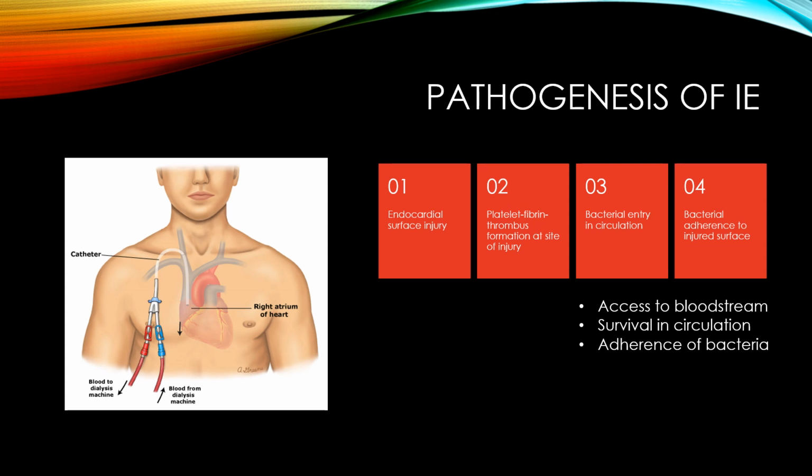In addition, once it does bind to that surface, this platelet fibrin thrombus that forms can actually create almost a protective layer over the surface of these growing bacterium and even further protect it from white blood cell intervention. So that you can end up having very, very large colonies growing and ultimately forming a very large thrombus, which is also containing bacterium.